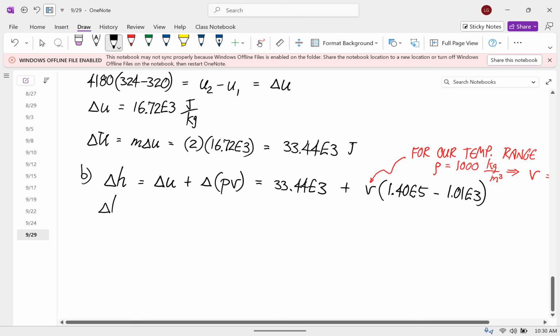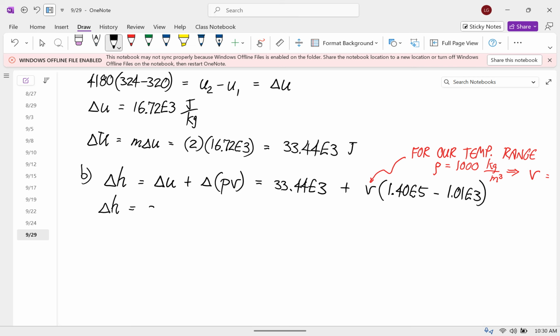And so delta h, little h, is 33.44 times 10 to the third plus 0.001 times 1.4 times 10 to the fifth minus 1.01 times 10 to the fifth. And, whoops.